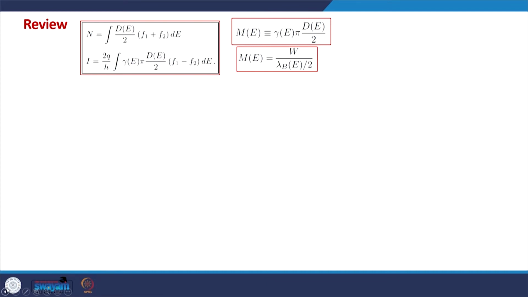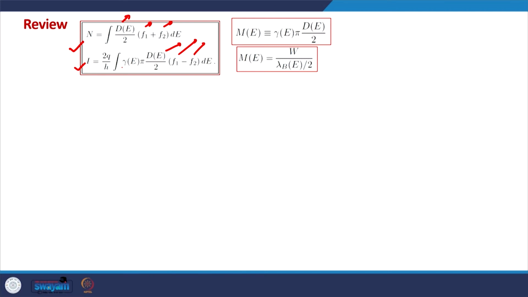In the general model of transport we saw the steady state number of electrons in the device and the steady state current in the device, in terms of the density of states in the channel and the Fermi functions of the contacts. So in terms of basic device parameters we could deduce the steady state number of electrons and steady state current in the device.